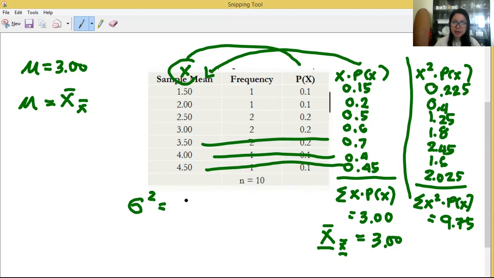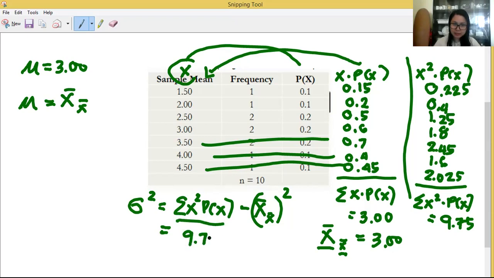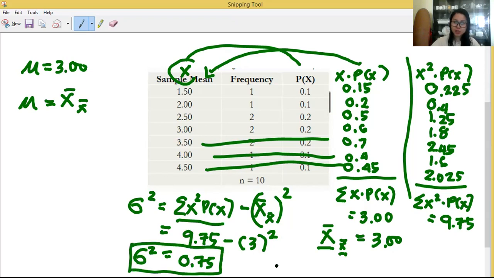That will be the summation of x squared p of x minus the square of the mean. So this is 9.75 minus 3 squared. So our answer is 0.75. This is now the variance of the sampling distribution.